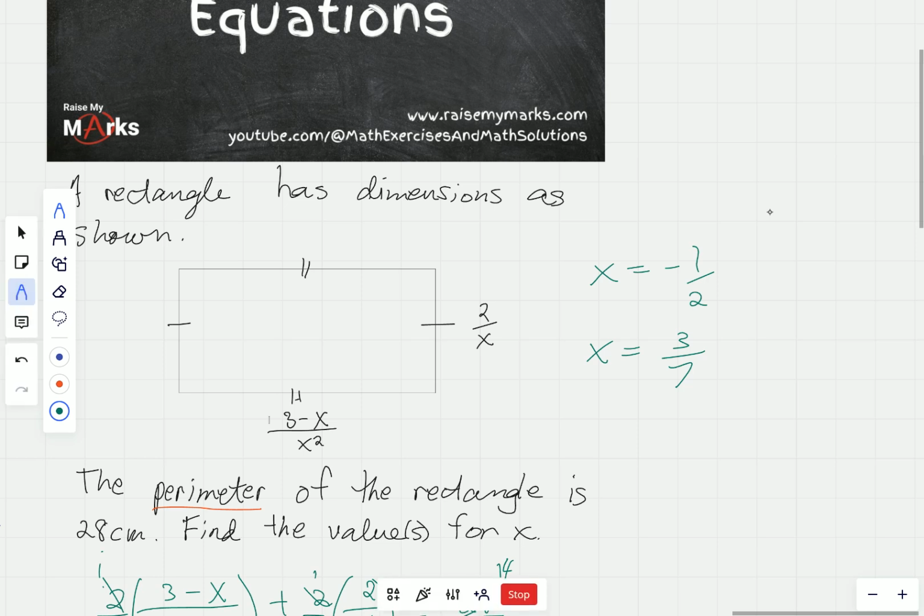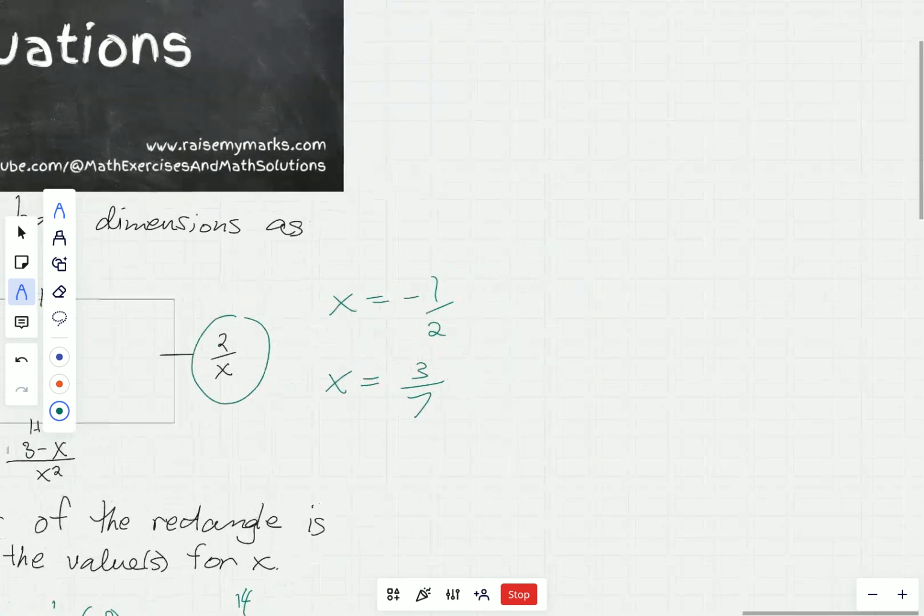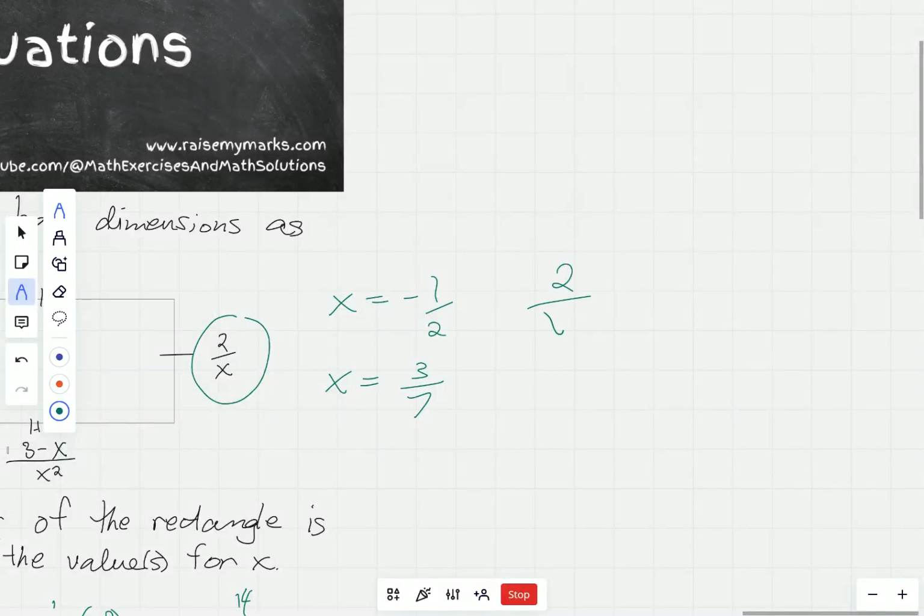The first thing I see is the width is 2 over x. If we plug in x equals negative 1 over 2 into the width, we get 2 over negative 1 over 2, which is actually negative 4.